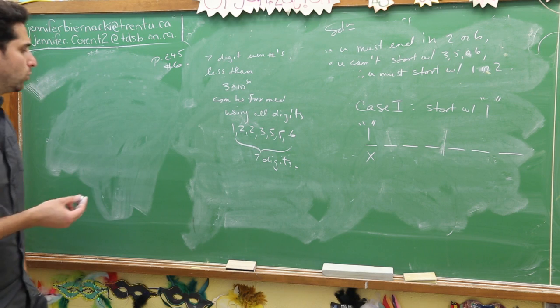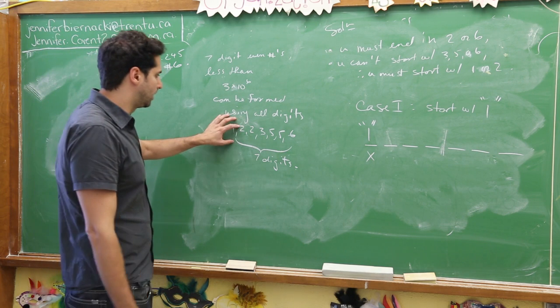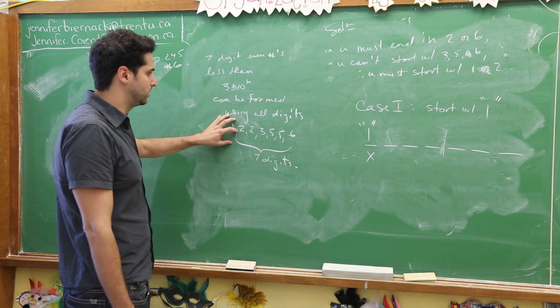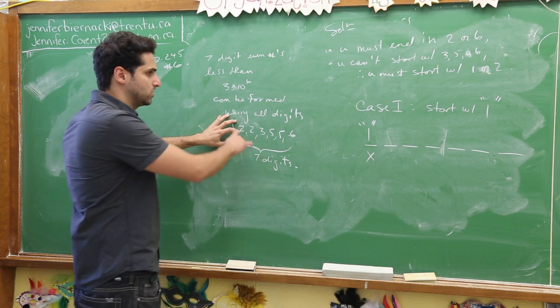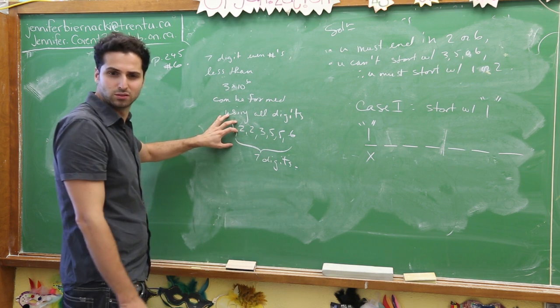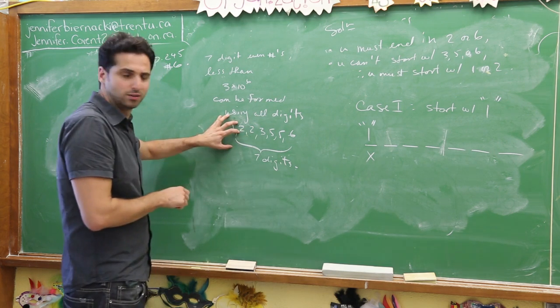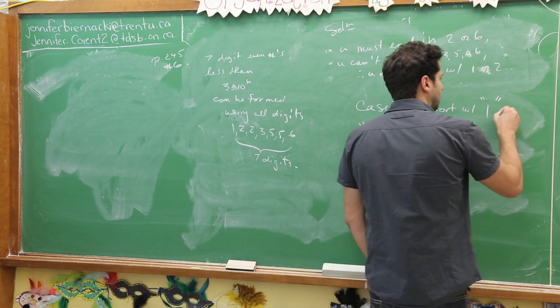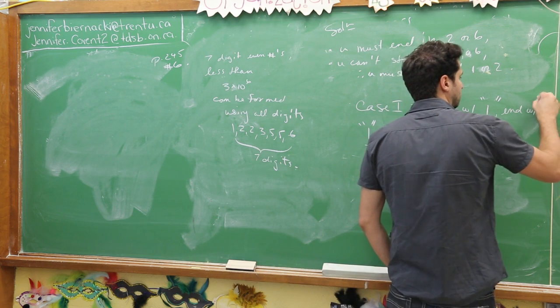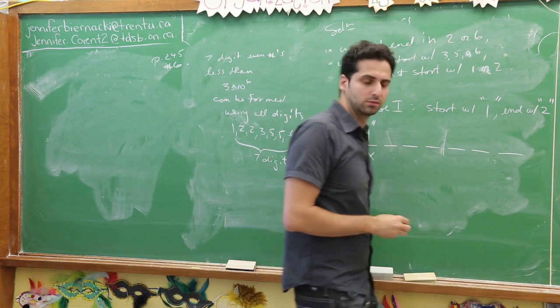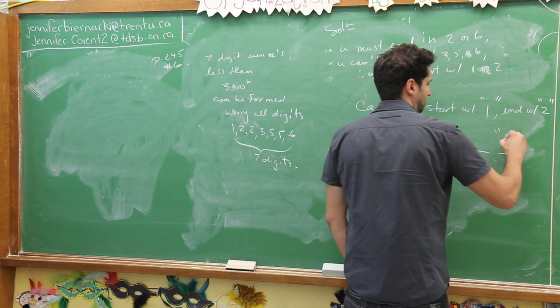Okay, so if we start with a 1, how many options do we have to end with? Still 2 options. I could still end with 2 or 6, right? So start with 1, end with 2.